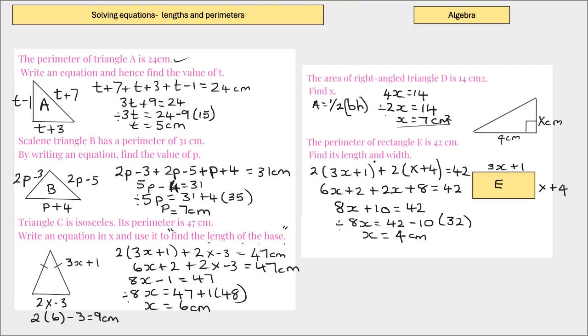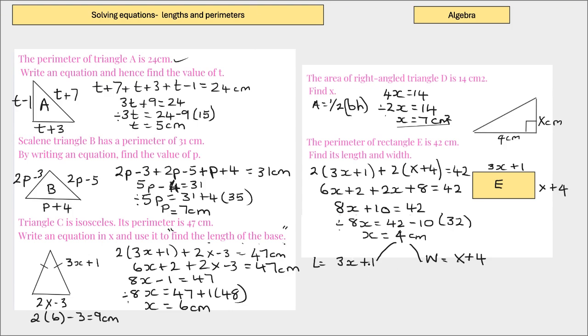Now we're going to find out the length and the width. And that is purely what we've done here. We're substituting this x. So we've got 3x plus 1, and that's the length. For the width, it's x plus 4.